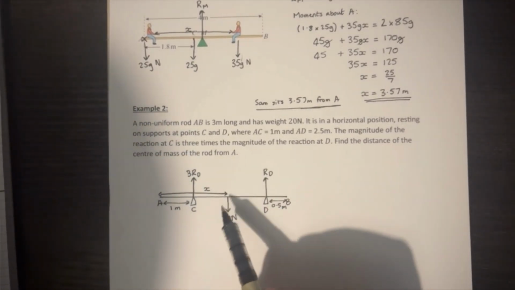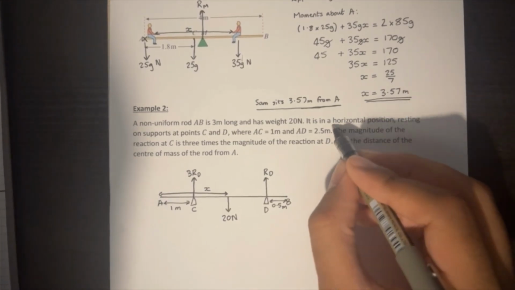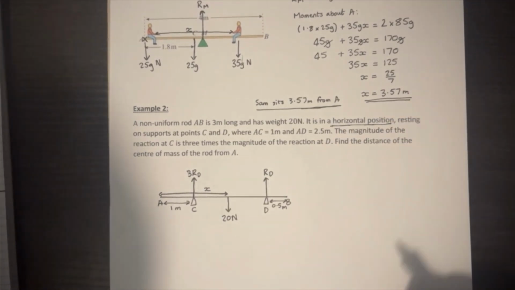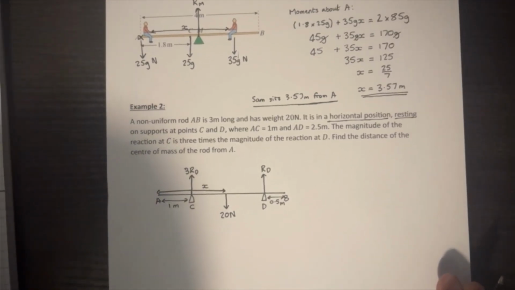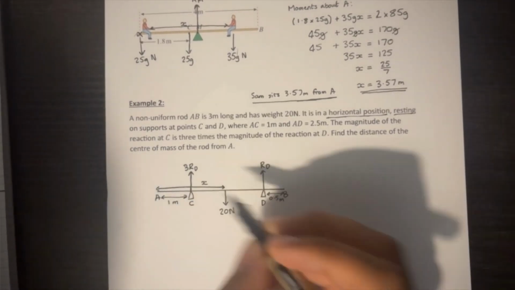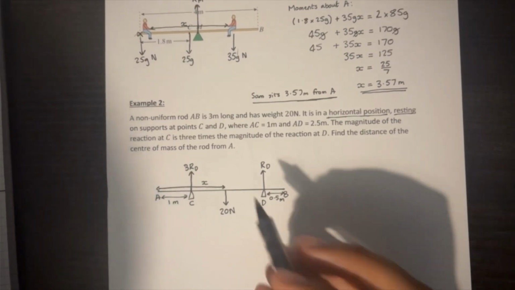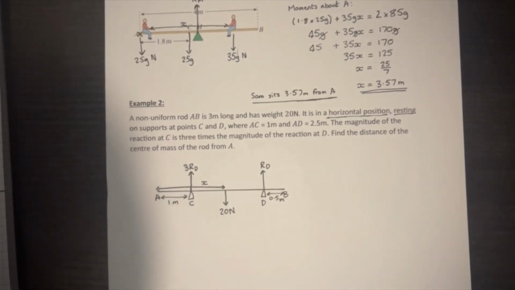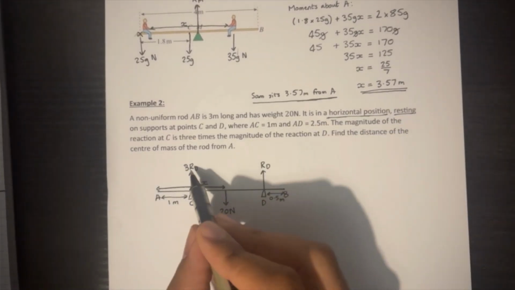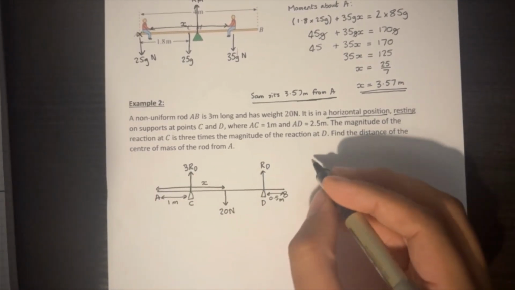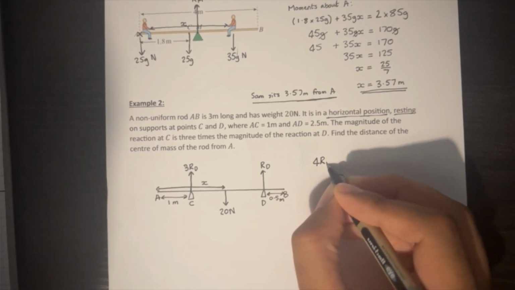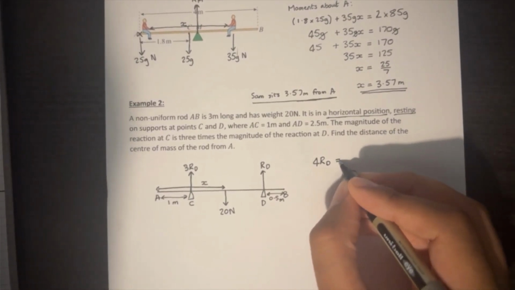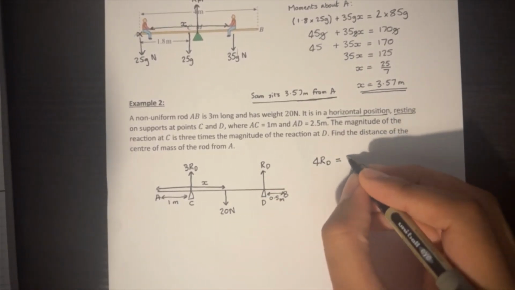Now, we're going to use the fact that since it was resting in a horizontal position, the resting is important as well. That tells us it's in equilibrium. So that means the forces in the upwards direction are the same as the forces in the downwards direction. So I've got 3RD plus RD. So in total, I've got 4 lots of RD, and that is equal to 20 newtons.